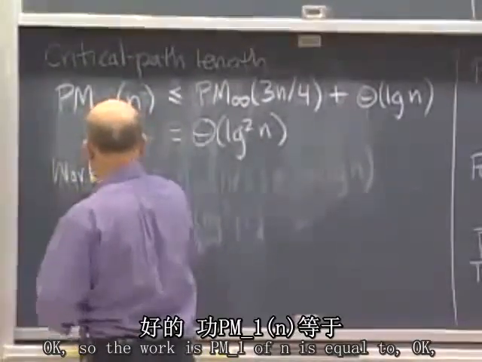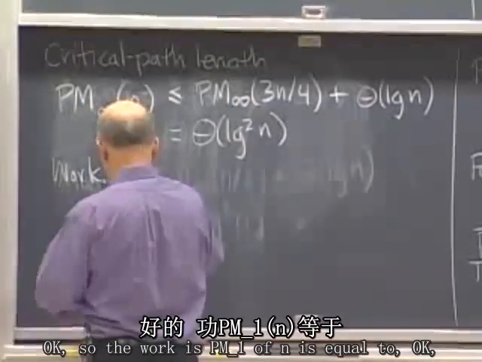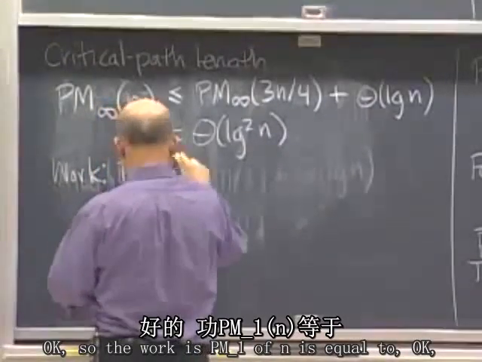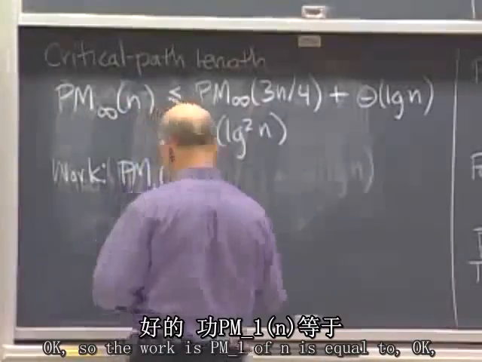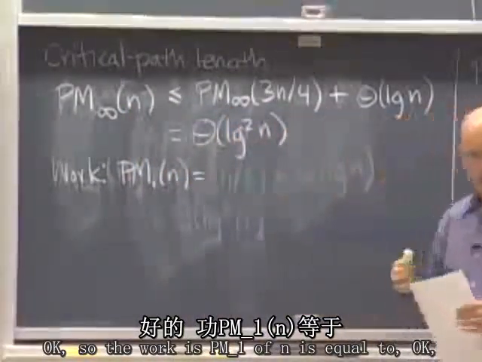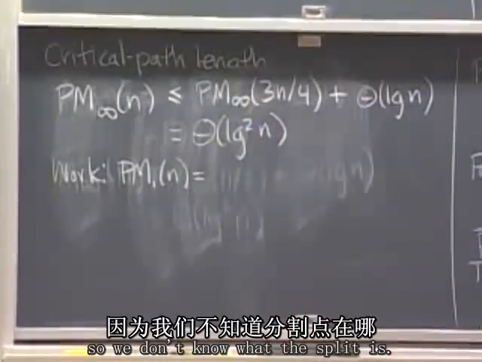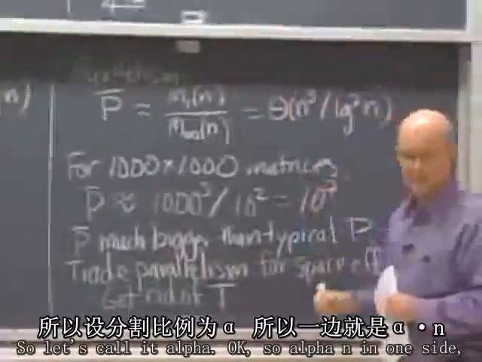Okay, so the work is P sub m 1 of n is equal to, okay, so we don't know what the split is. So let's call it alpha.